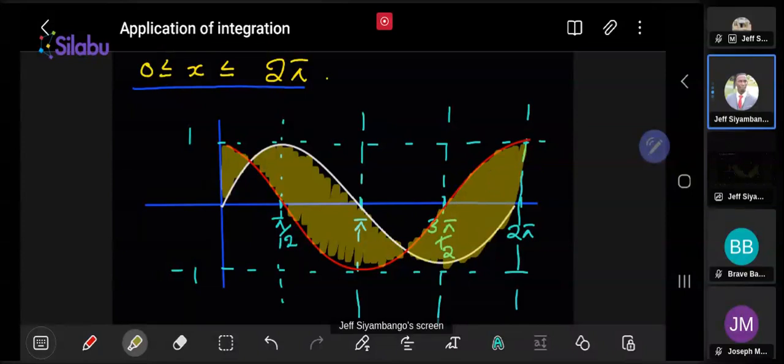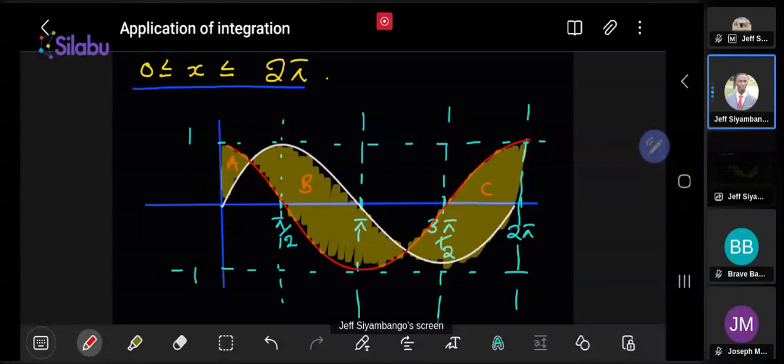But you have to see that there's something wrong here. If you look at the regions I have labeled here, not all of them are what we are looking for. Let me label this as A, and this as B, and this as C.